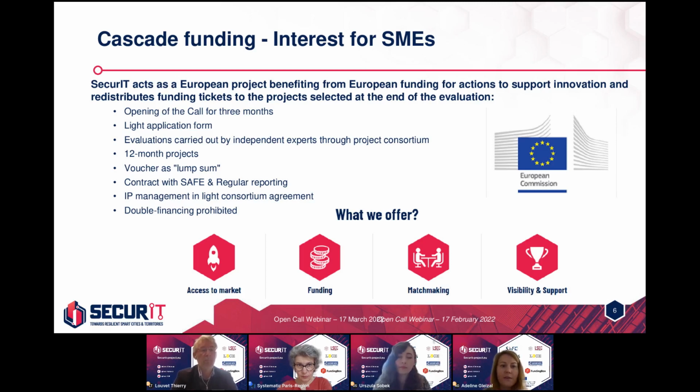You will get funding as a lump sum, which means that we will not be asking for invoices or detailed financial reports. Then we will be contracting from SAFE to you on behalf of the consortium. There will be some regular reporting. The intellectual property rights will be managed through a light consortium agreement, and double financing for the same thing is prohibited since it's public funding.